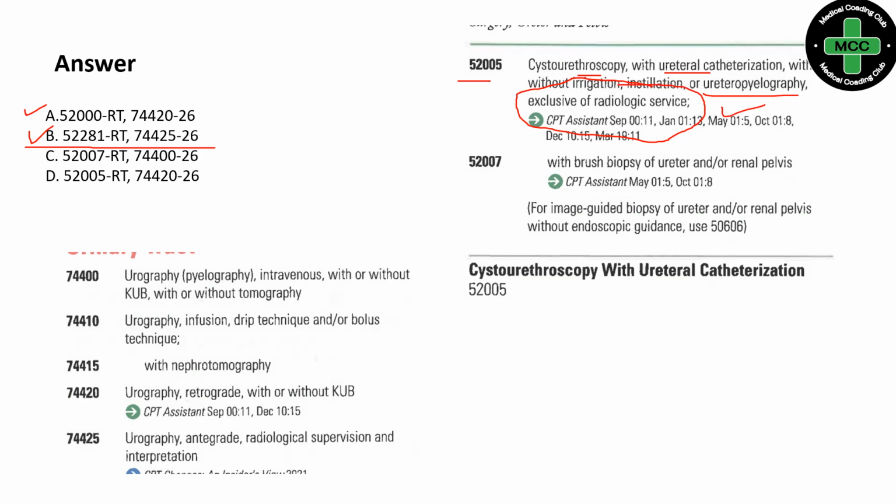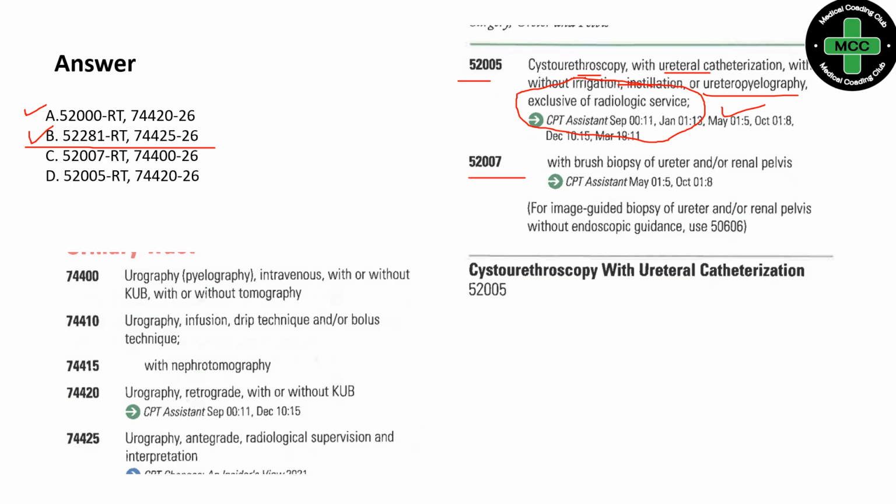This is very important. They did not say inclusive of radiologic service; instead they said exclusive. So if they perform radiologic service, that should be coded separately. In this code it is not included.